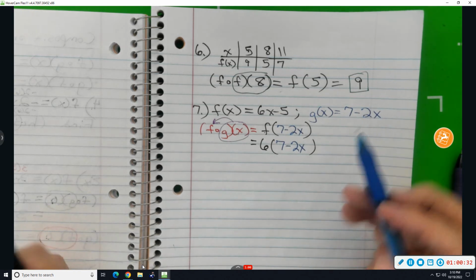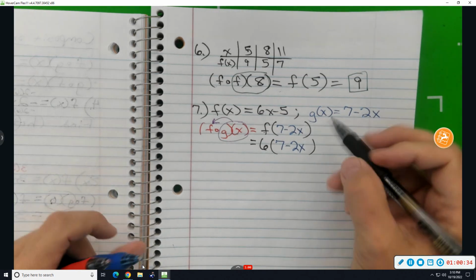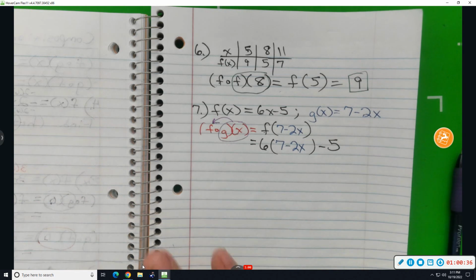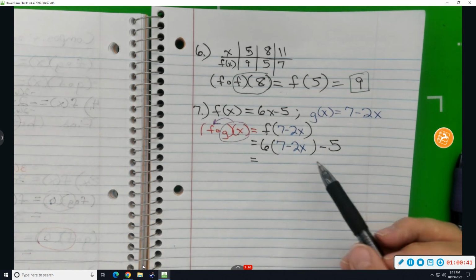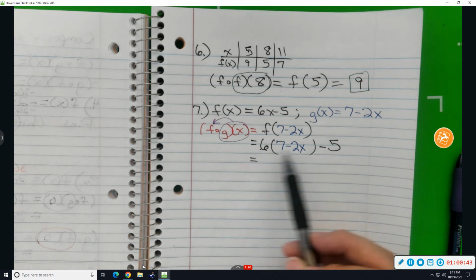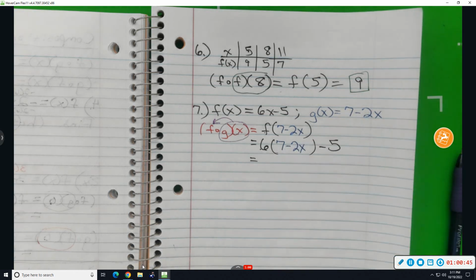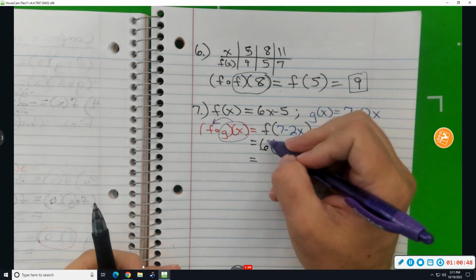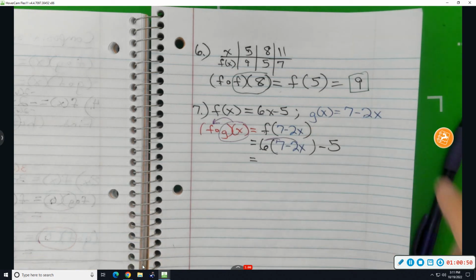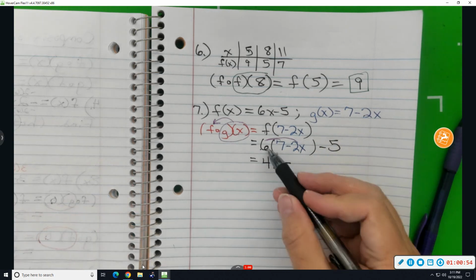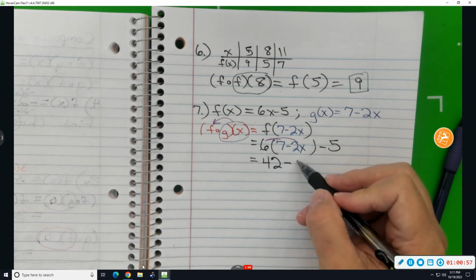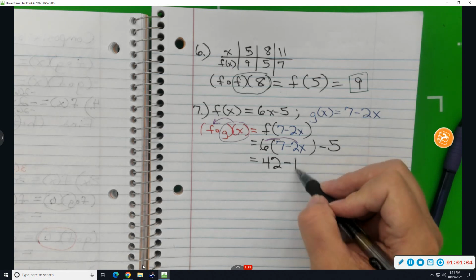What have we got stuck on here? Minus 5, just checking to make sure y'all are still awake. And to simplify this, we can distribute the 6. That'll give me 42 minus 12x, I agree.